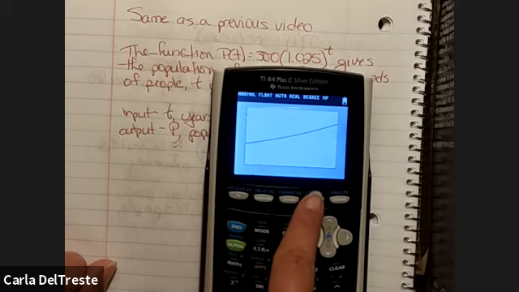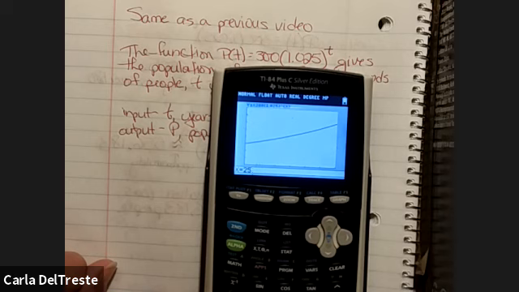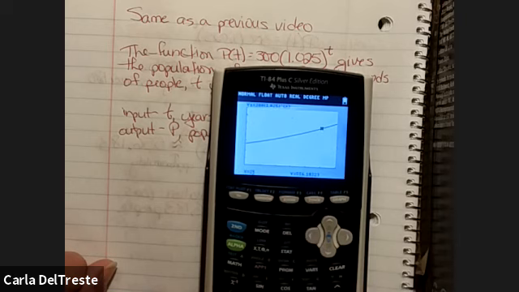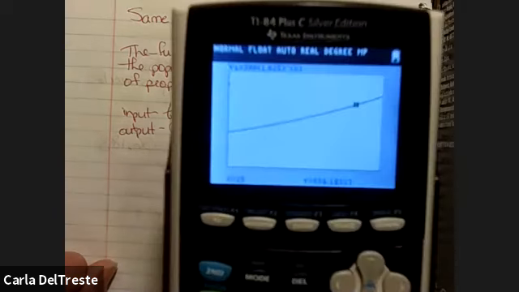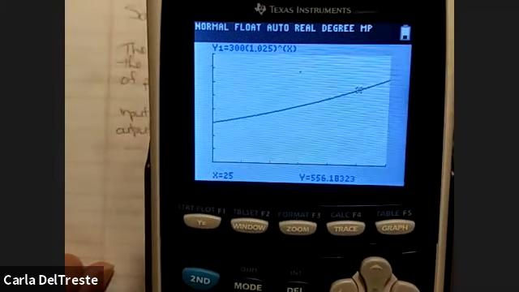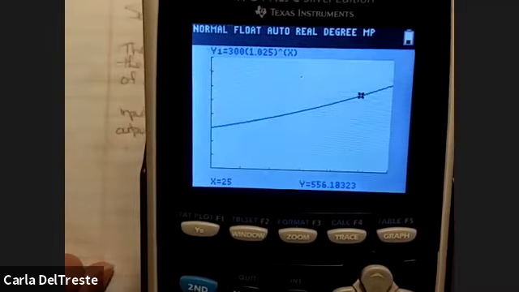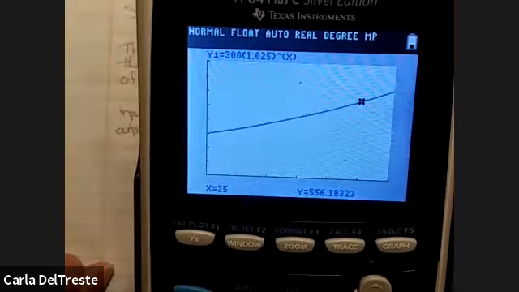I can just press trace, and I can type in 25, and it will tell me what the output is. And if you remember from the previous video, we got the same exact thing, 556,183 approximately people, okay?